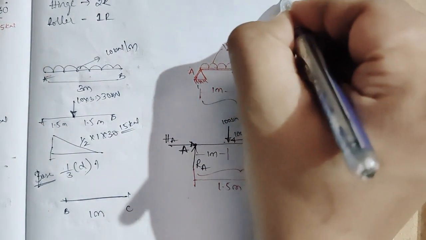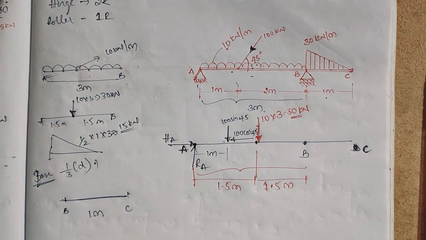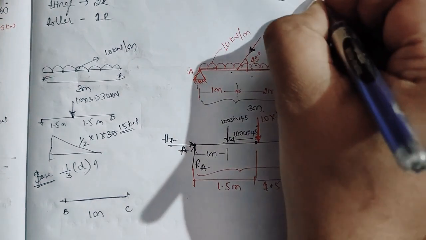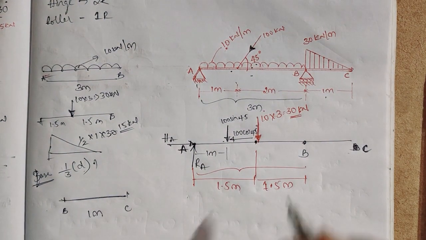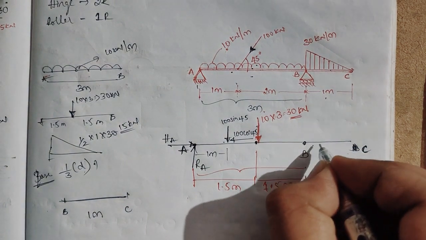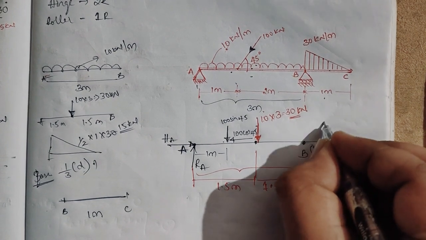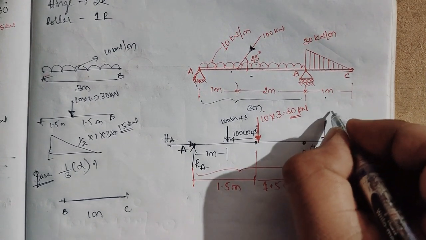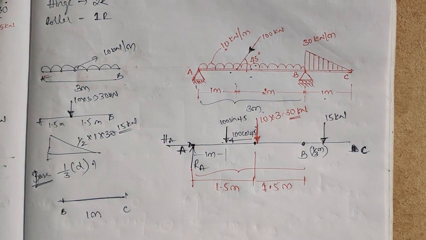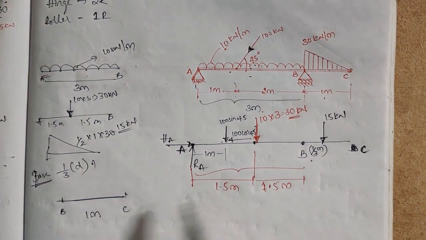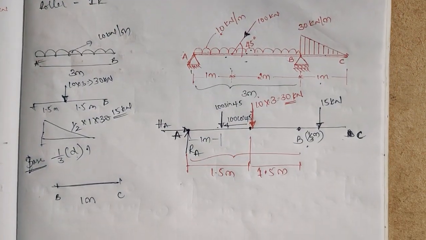So 1/3 of 1 is 0.333. So at a distance of 1/3 meter, it is 15 kilonewton. You can take 1/3 or 0.333, it doesn't matter, the answer will be the same.